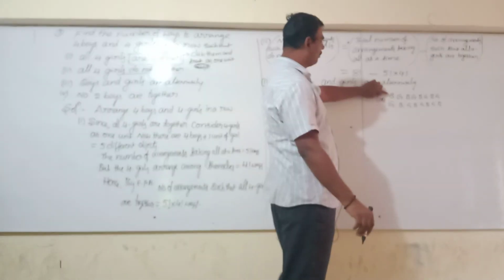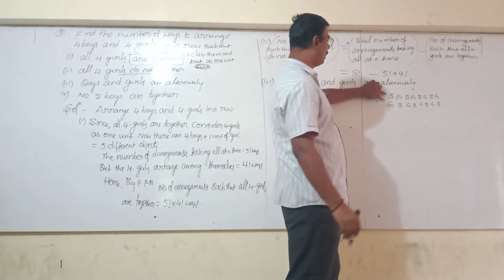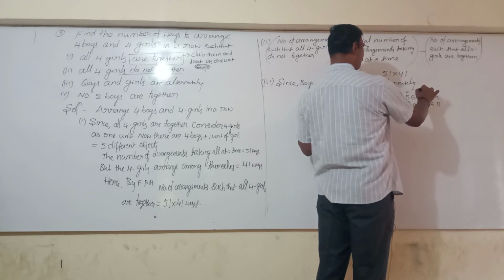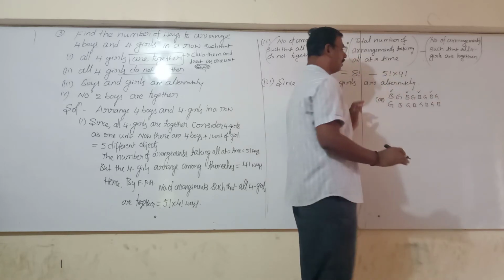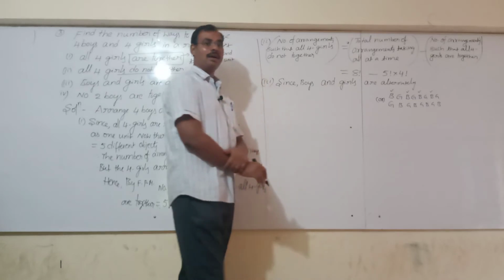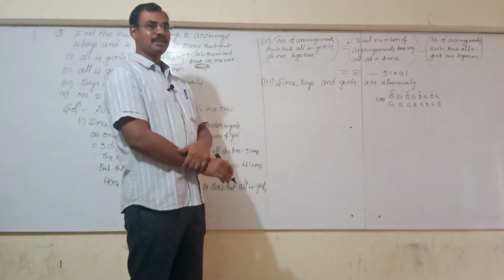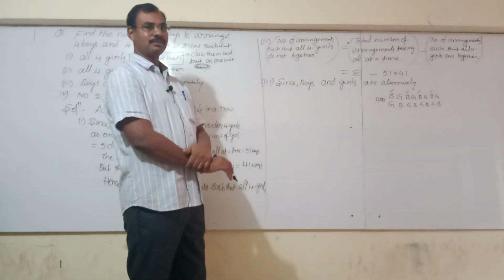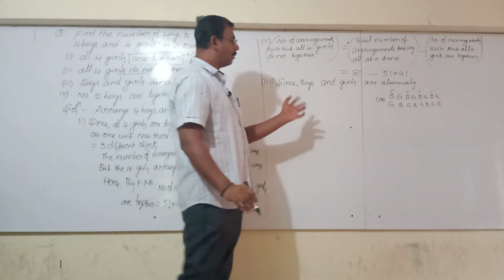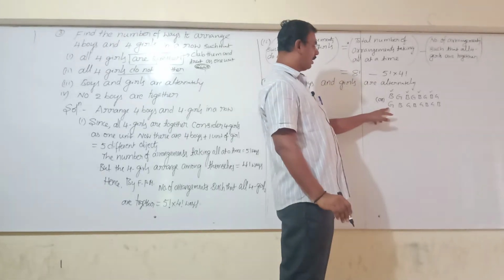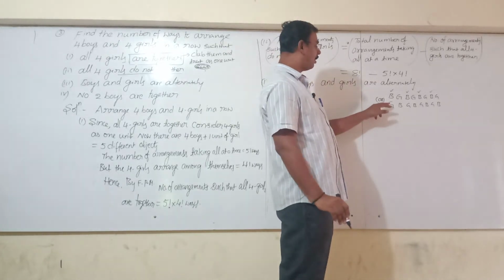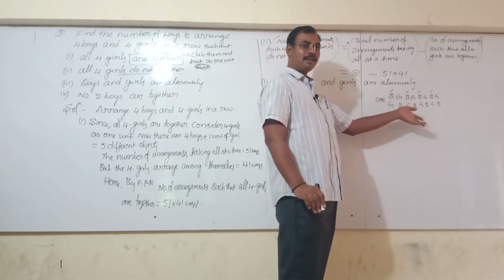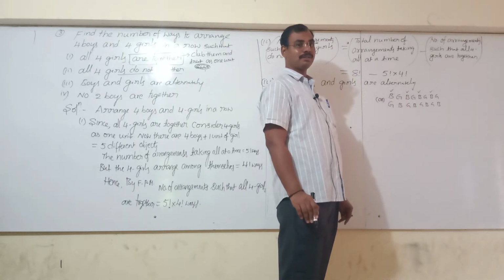If the row begins with a boy, all the odd places, these are called 1, 3, 5, 7, are occupied by boys and even places are occupied by girls. If the row begins with a girl, all the odd places are occupied by girls and even places by boys.